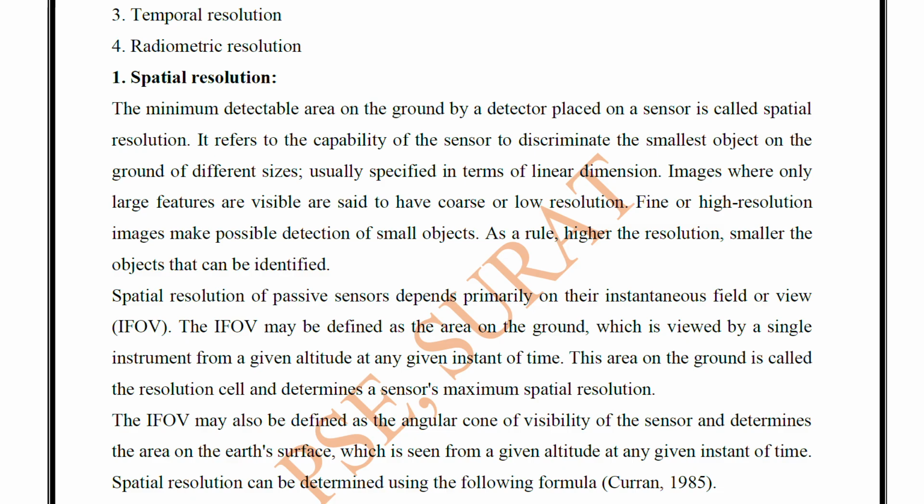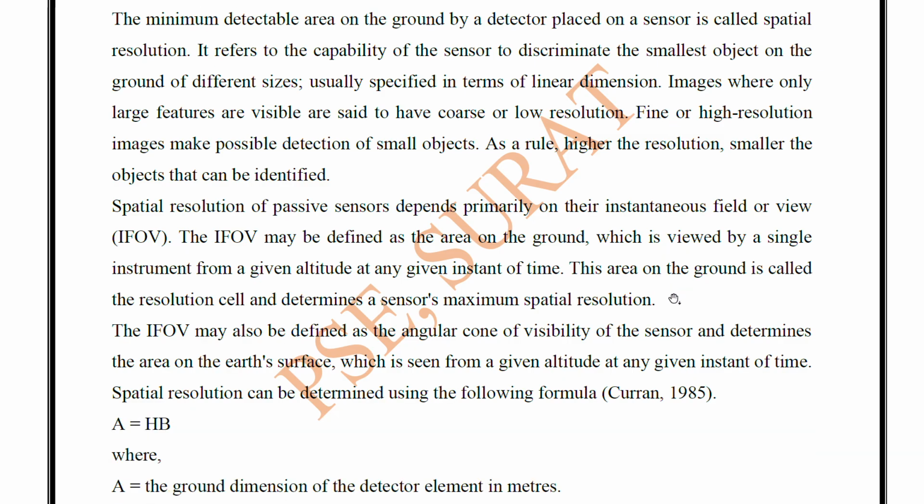Spatial resolution of passive sensors depends primarily on their instantaneous field of view, IFOV. The IFOV may be defined as the area on the ground which is viewed by a single instrument from a given altitude at any given instance of time.